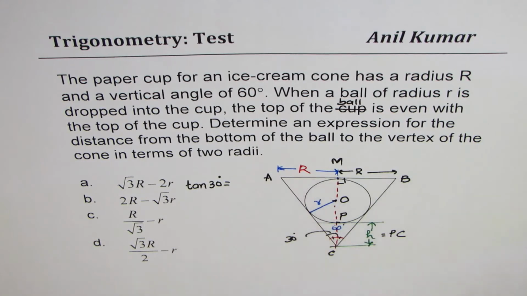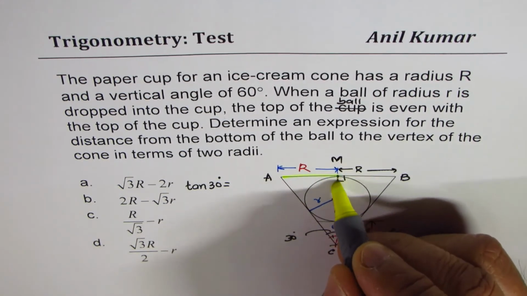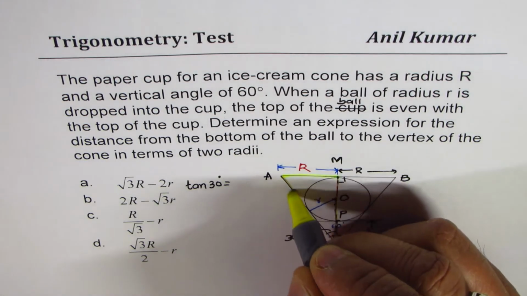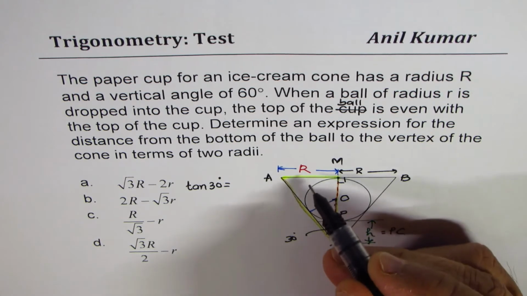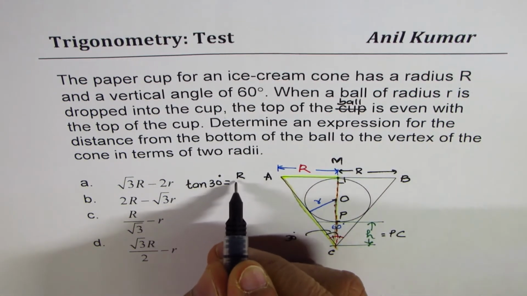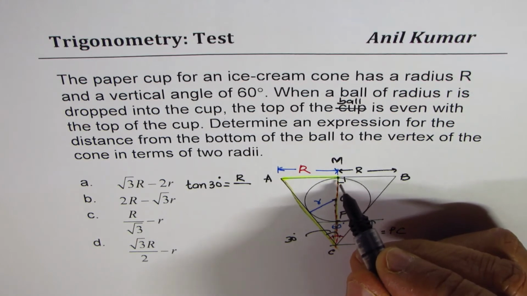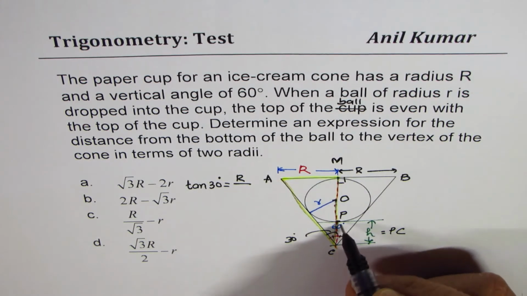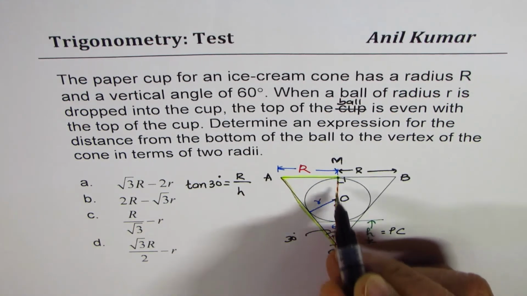What is tan 30? Let's try to find what tan 30 equals to. If you look into the big half triangle, which is this one, then tan 30 will be the opposite side, which is R, over the base, which is CP, I'll say height here, H, plus 2 times r.